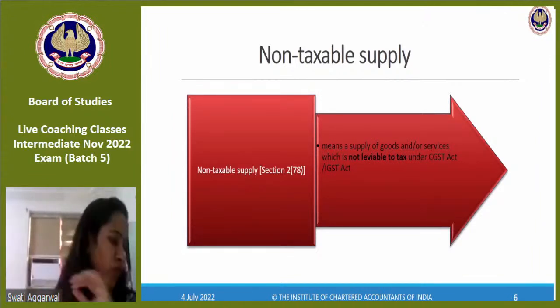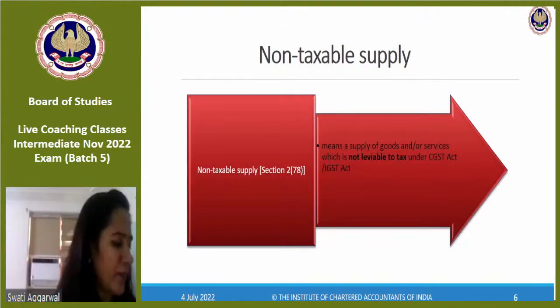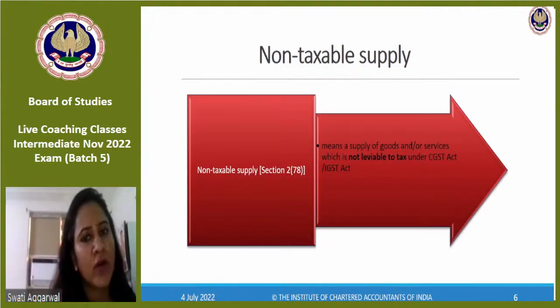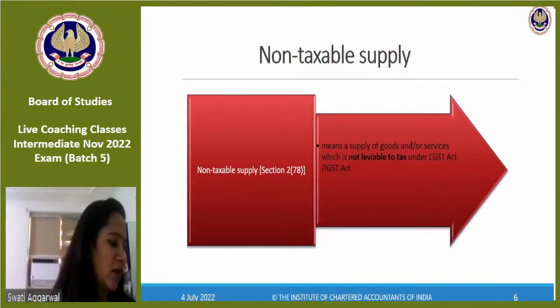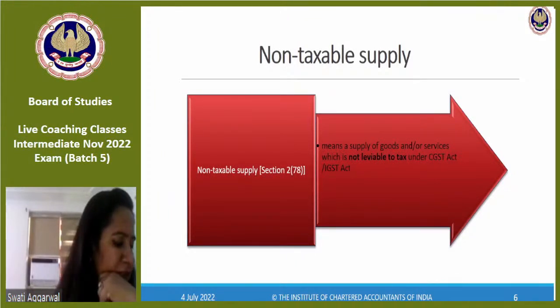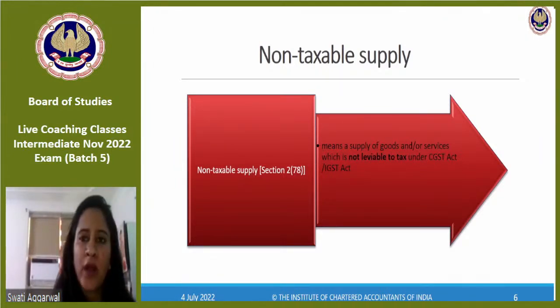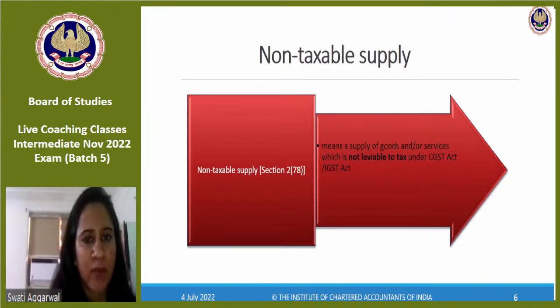not leviable to tax. So even if you go through the study material, the examples of the supply which are not leviable to tax are already given, and that you have already studied in the previous chapters. Examples of supply which are not leviable to tax are alcoholic liquor for human consumption, specified petroleum products, namely petroleum crude, high-speed diesel, motor spirit, natural gas, and aviation turbine fuel.